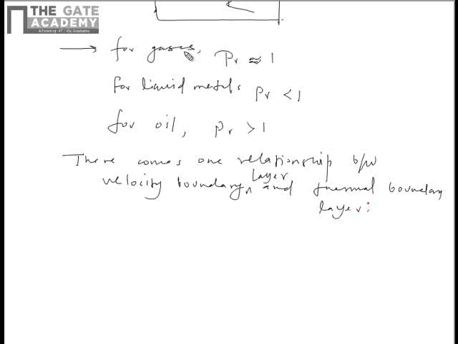This is given as hydrodynamic boundary layer thickness over thermal boundary layer thickness is equal to Prandtl number to the power 1 by 3.